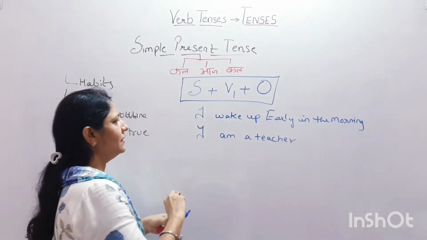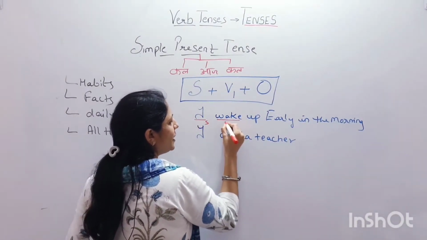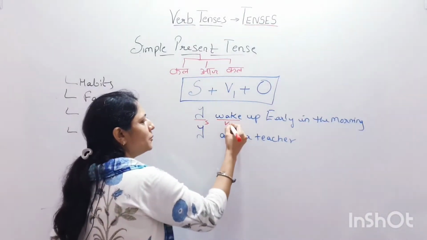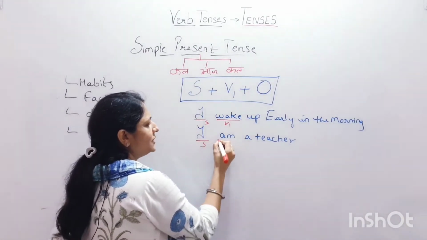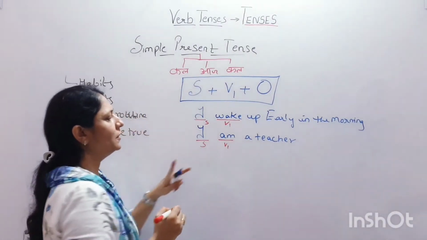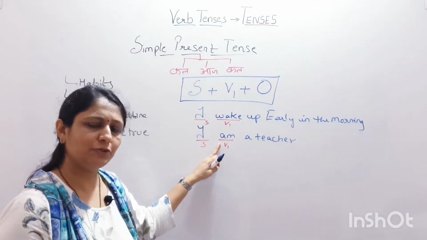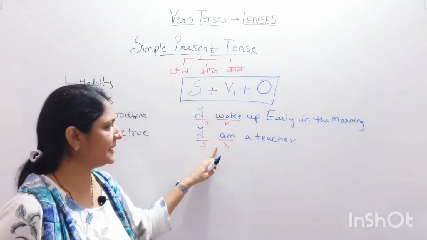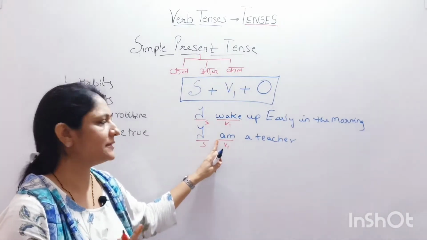Now see, here the word I is the subject, wake up is a verb, there is no object in this sentence, but wake is the V1 form. Similarly here, I is again a subject, am is the V1 form. Normally, am is termed a helping verb, but as I told you in my last video, when there is no other helping verb in the sentence, we can refer to a helping verb as a main verb.